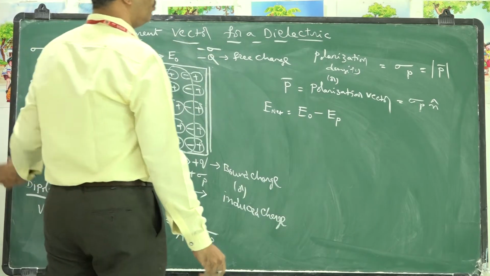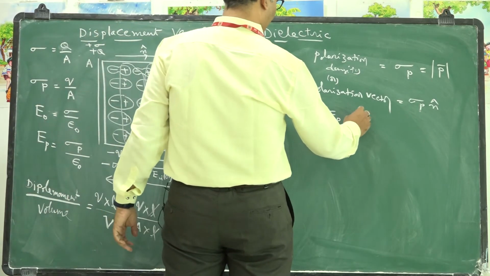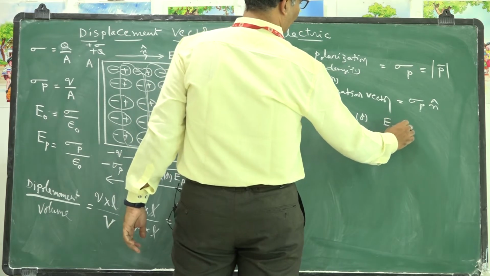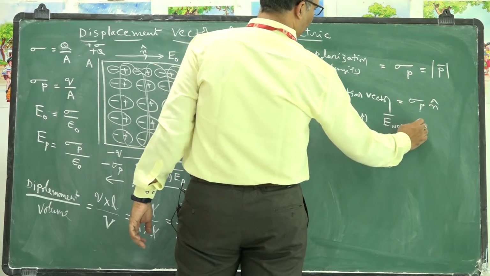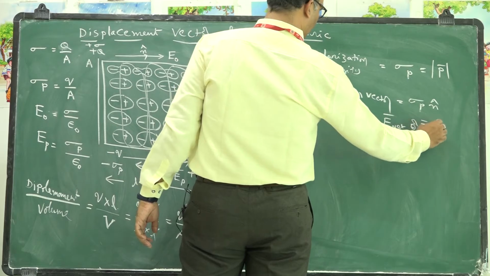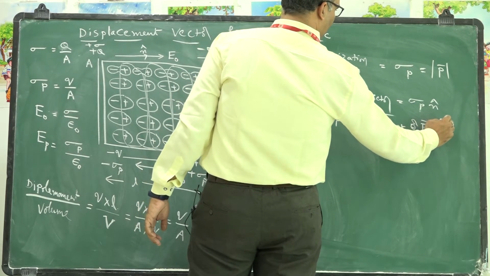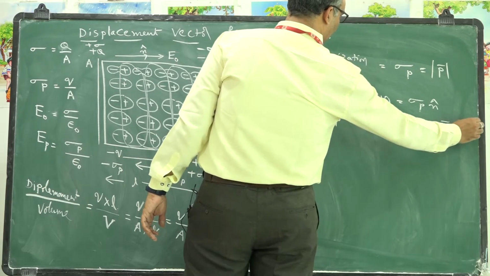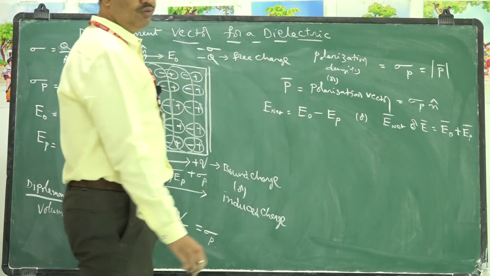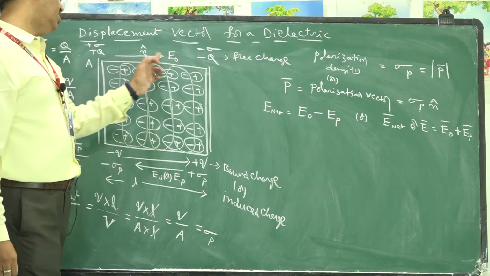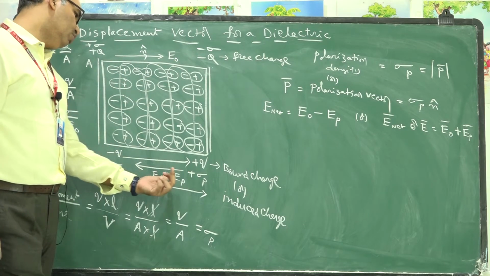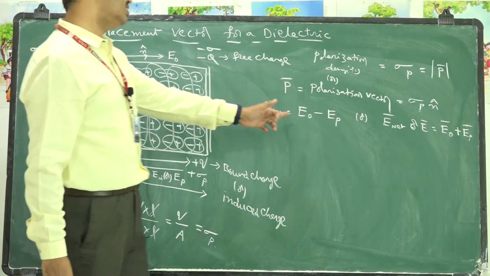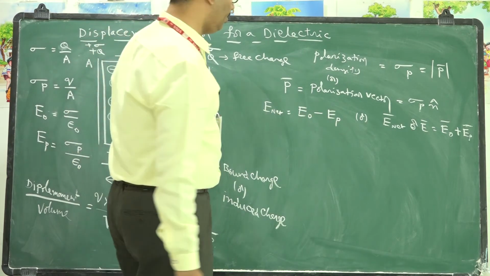In vector form, the net field E bar is equal to the external field plus the polarization field. In the form of magnitude, the applied field is in this direction and the induced field is in the opposite direction, so the net field is given by E naught minus EP.